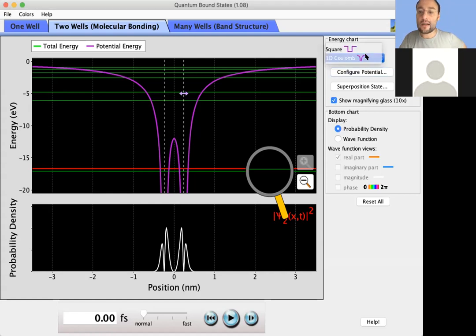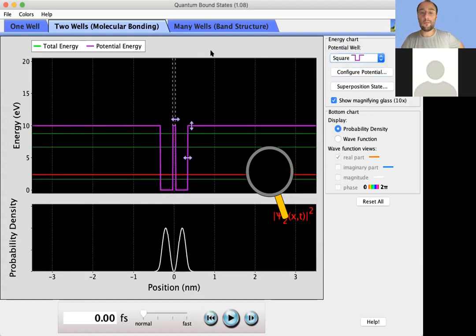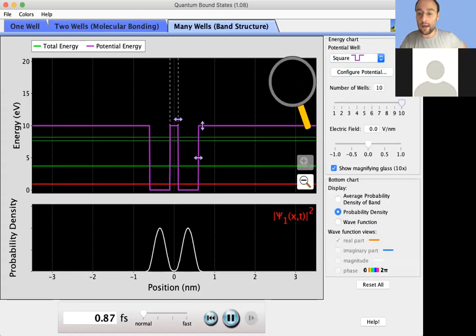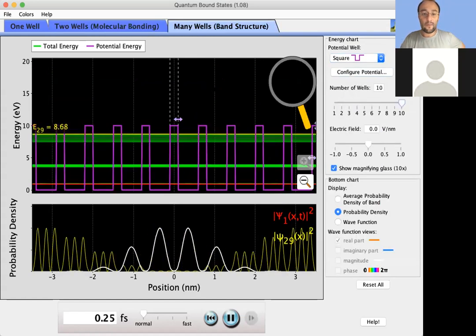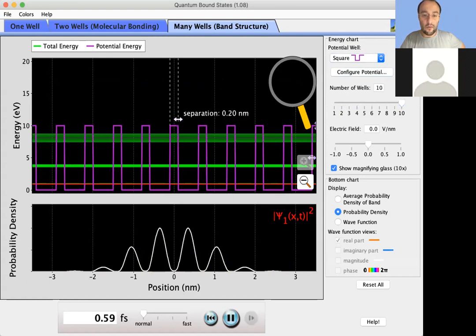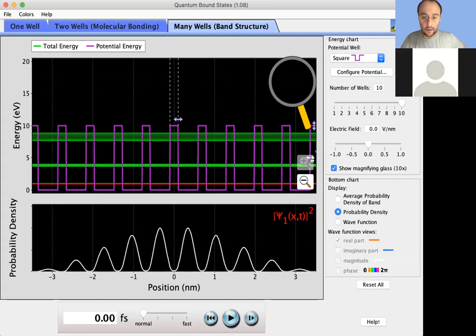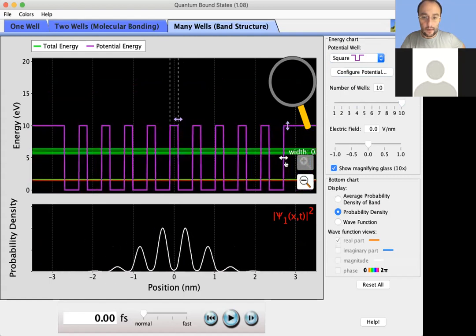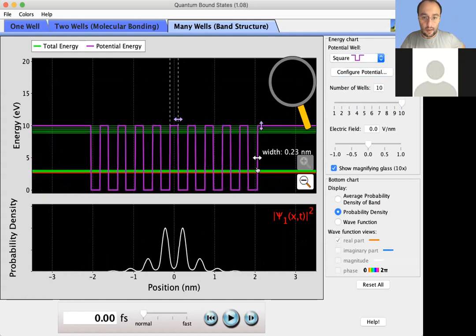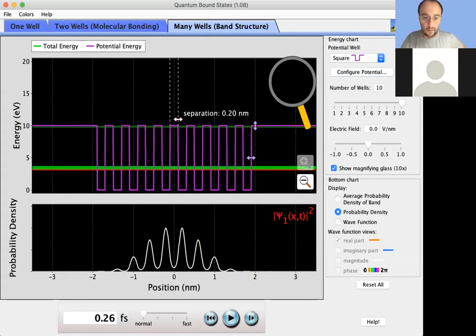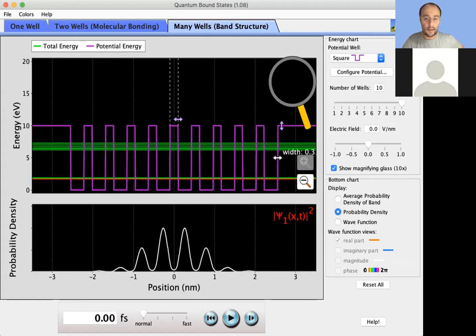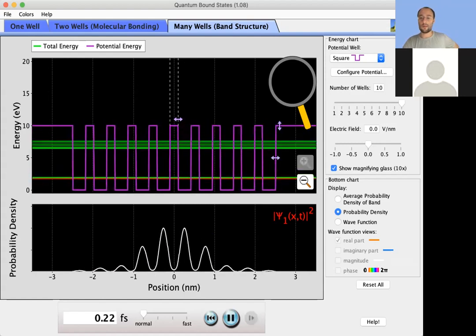Anyway, so let's go back to the square well. And I'm going to put not 2 wells, but n wells. So here's 10 wells. Okay, if they're far apart, let's see what I can do. I can make the wells narrow.